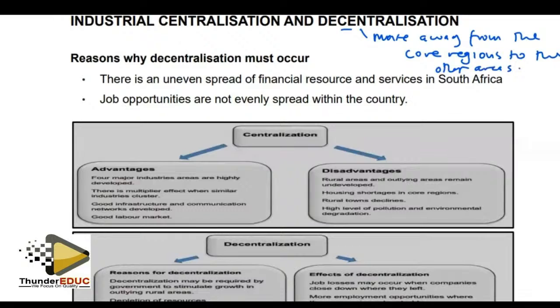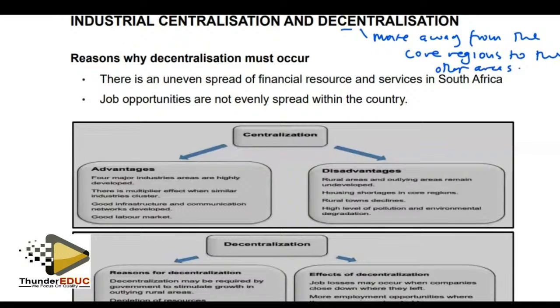So that is decentralization, meaning like we saw industries could cluster in one particular area because of the given factors. To decentralize is like those industries now are dispersing away.